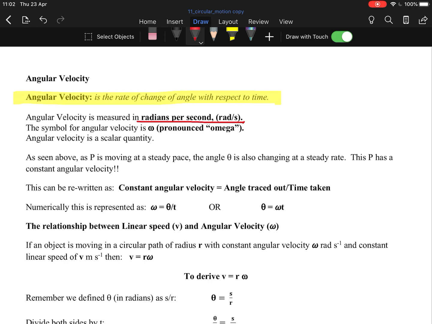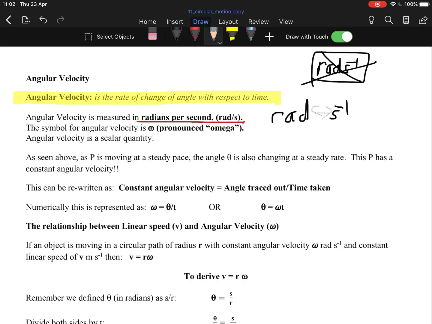Okay? The SI unit for this is radians per second, or rads. Note when you're writing rads, you can write it that way, or you can go R, A, D, leave a gap, S dash. Do not go R, A, D, S dash. That makes no sense. Do not do that.